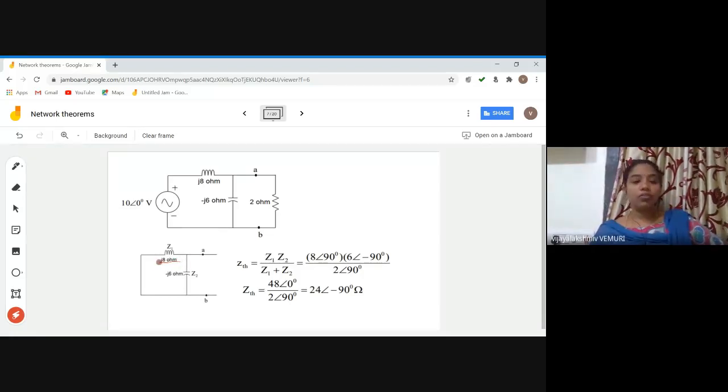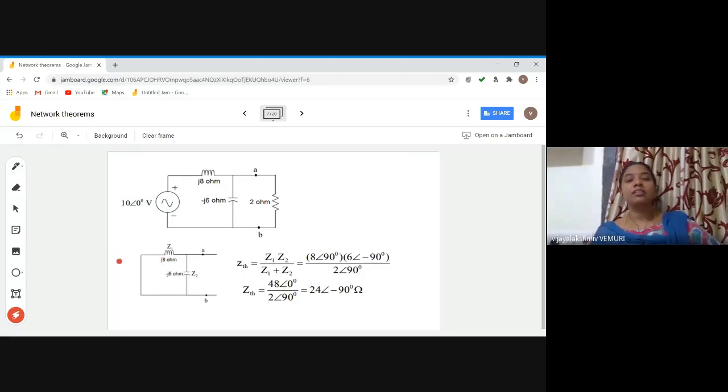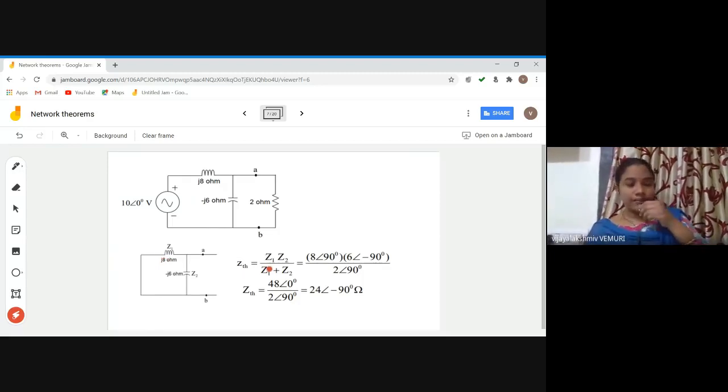Remember that whenever a value is given only in imaginary without any real part, definitely you will have a 90 degrees angle, because the 8 ohms magnitude is multiplied by the J operator, which rotates it by 90 degrees. Whenever you have a negative imaginary value, it will be minus 90 directly, without any real part.